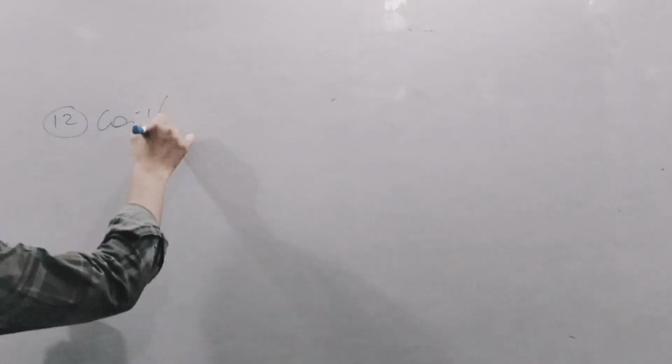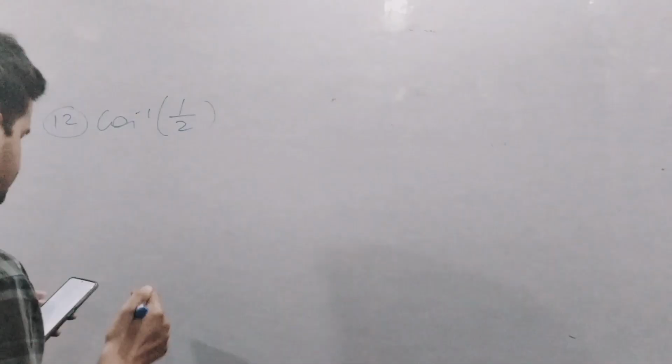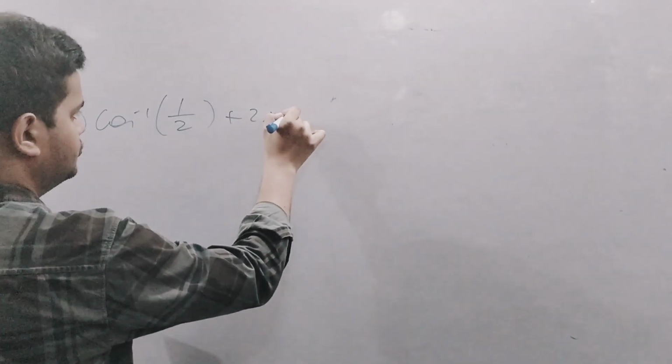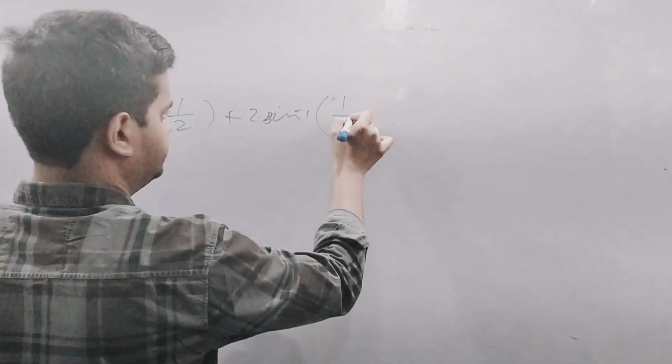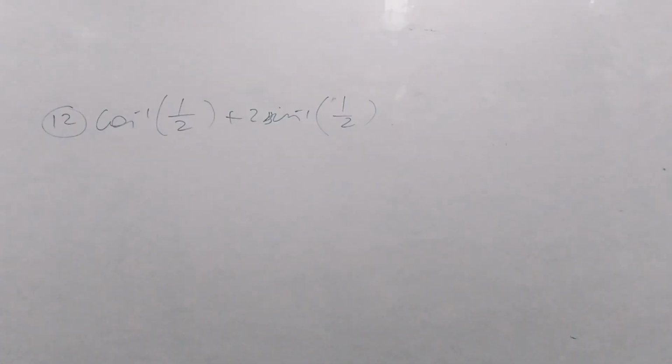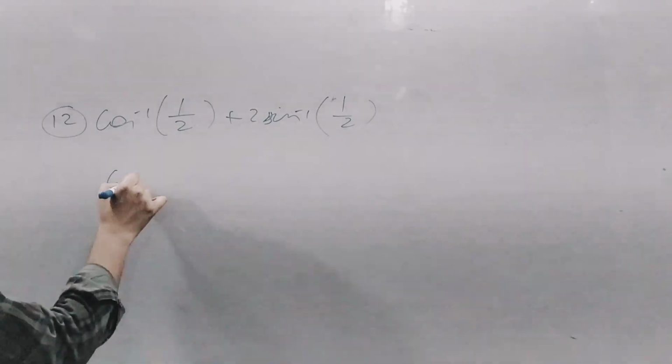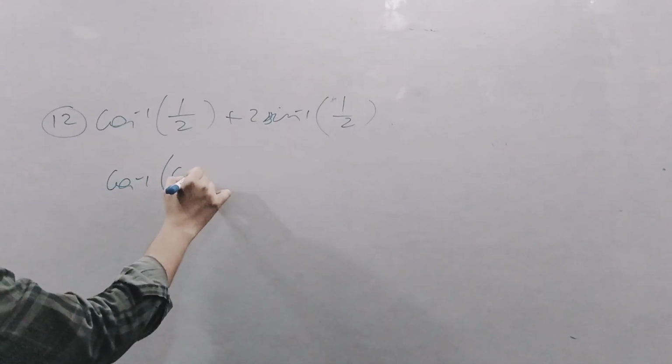So the 12th question is find the value of cos inverse half plus 2 sin inverse half. Okay, so cos is half at 60 degree.